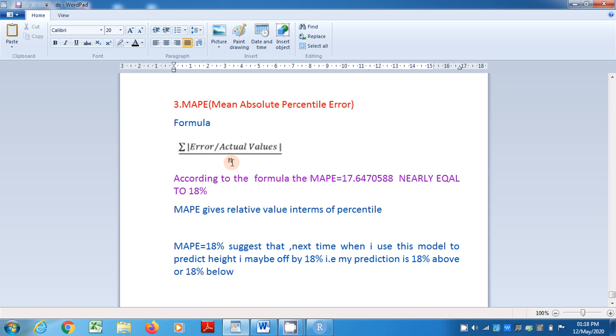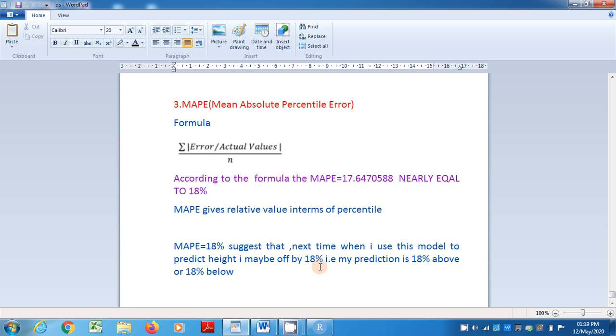According to the formula, MAPE is equal to 17.64 for our example, which is nearly 18%. So MAPE is giving us the relative value in terms of percentage. It suggests that next time when I use this model, the predicted height may be off by 18%, that is 18% above or 18% below.